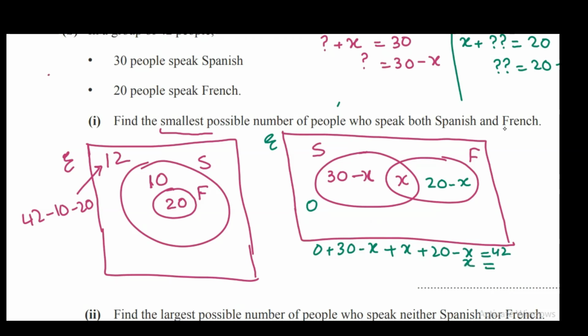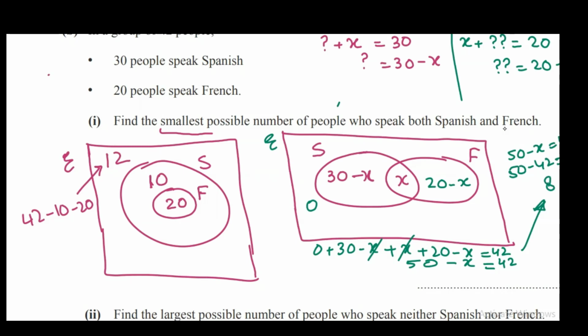This cancels out plus X minus X. 50 minus X equals 42. So X will be 8. Now we have the value of X, which is 8.